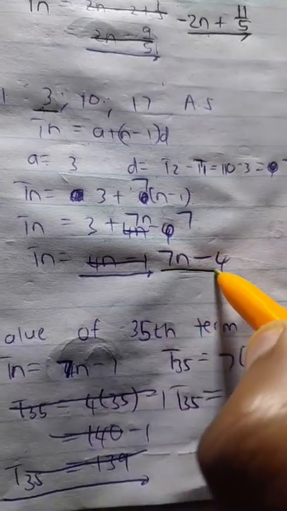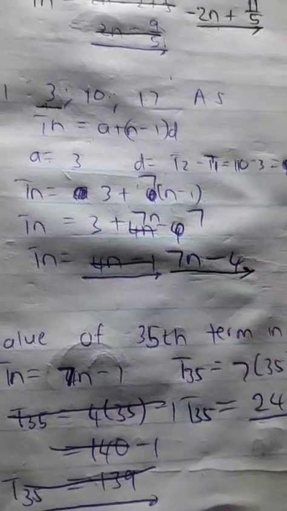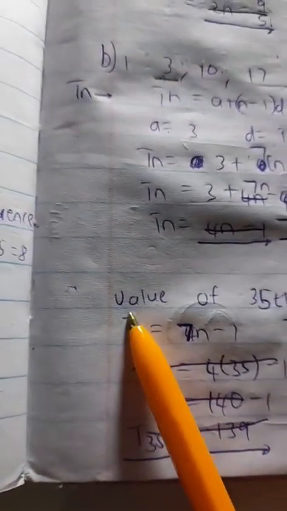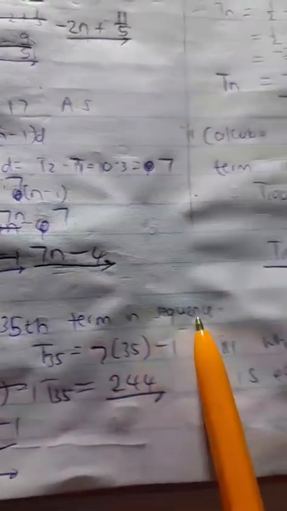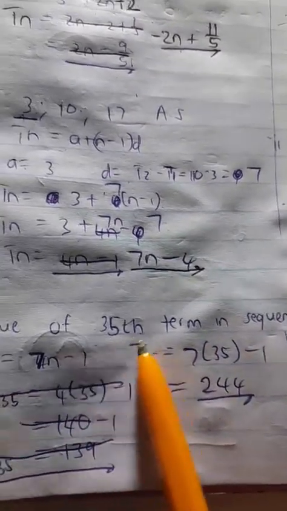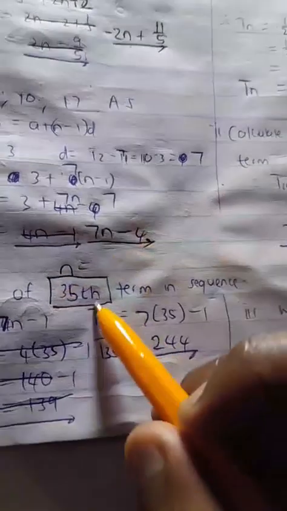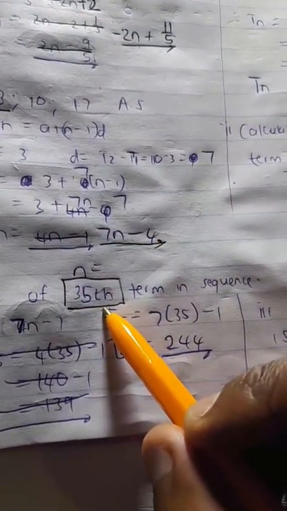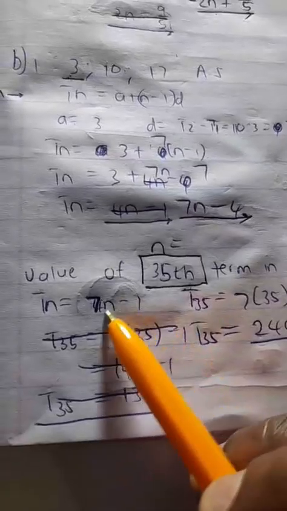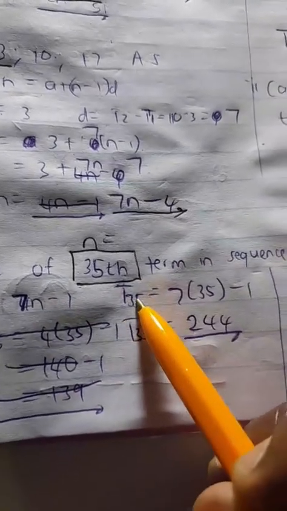By finding Tn, we can now calculate the value of the 35th term in the sequence. This here stands for n. The 35th term, in other words, we want T35.